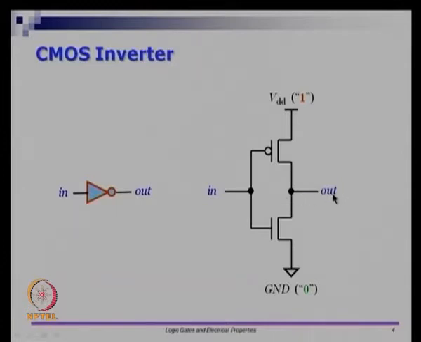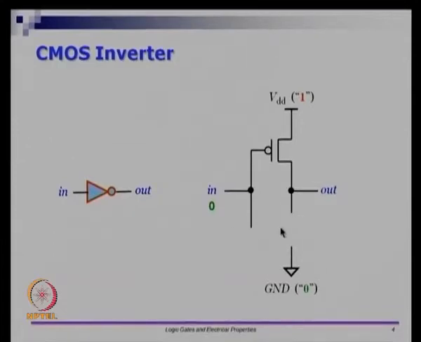Now, if you want to see how this inverter would work, if you place, let us say, 0 at the input here, we know that a PMOS device will be conducting when you place 0 at the gate input. So, this device will be conducting, whereas this device will not be conducting. You can assume that there is no connection between output and ground, so this path is open, because 0 applied to the gate voltage of the NMOS device will turn the NMOS device off.